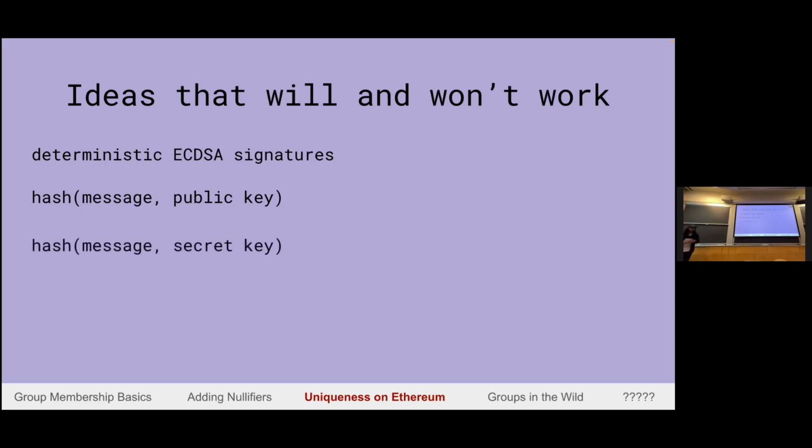OK, let's try a new one. Hash of message comma secret key. The first thing is, this does copy-paste the secret key in. So we've already broken one of our properties, but let's think about the other properties. It's unique, so everyone will have a different one because everyone has a different secret key. It's deterministic. My secret key doesn't change. The message won't change.